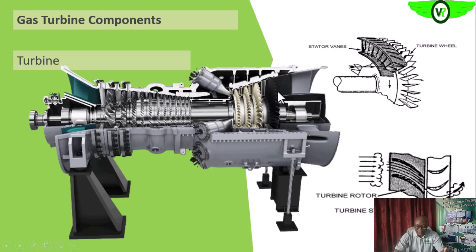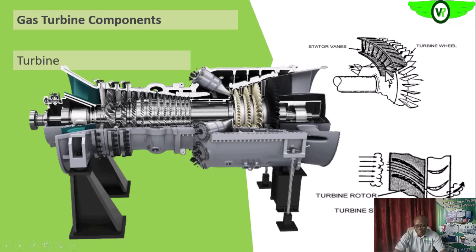Here we have 4 stages. We have the stationary blades, which are the blades on the stator of the turbine section. Then we have the rotating blades, which are the blades on the rotating part of the gas turbine, that is, the rotor. So a set of it makes a stage of the gas turbine.